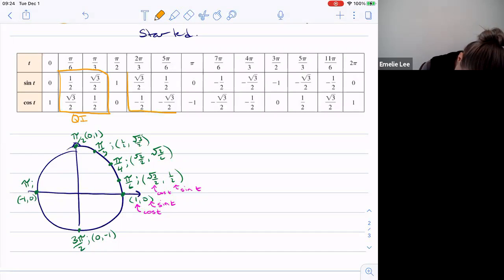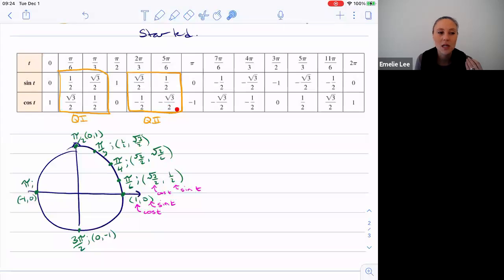Here's your quadrant 2. X is negative, Y is positive in quadrant 2, we know that. And that's reflected here. Cos of 2 pi over 3 and 5 pi over 6 are both negative, so your x values are negative and your y values are positive, so sine is positive.